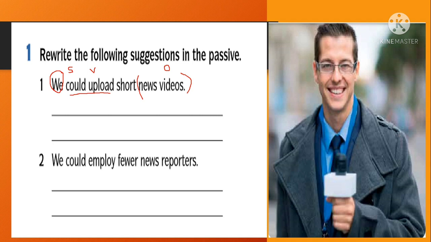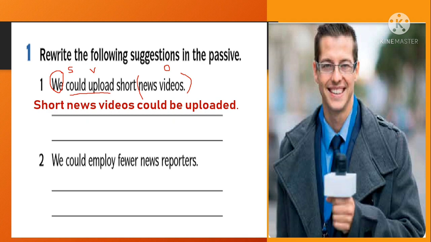Okay, so I'm going to share with you the first answer, how you could rewrite the suggestion in the passive. The answer would be right there. You can see short news videos could be uploaded. Right?